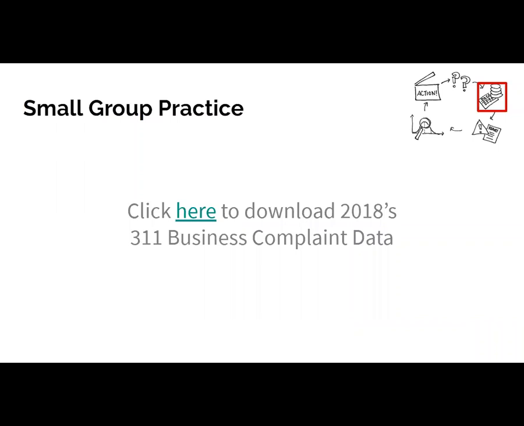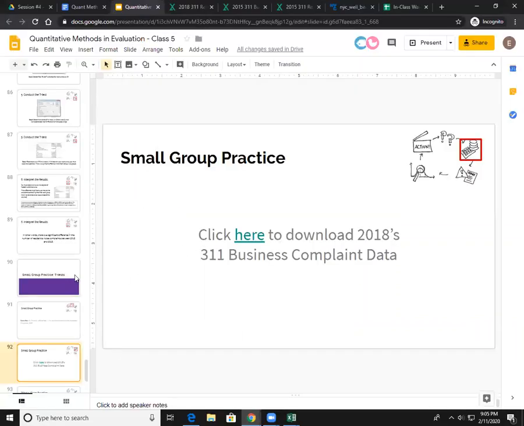Here on slide 92 is 2018's data. So go ahead and download that and then run your F test. Make sure your F is larger than your F critical. Figure out whether you run equal or unequal and then do so. I'll do it up here too, and we'll come back together in a couple minutes.